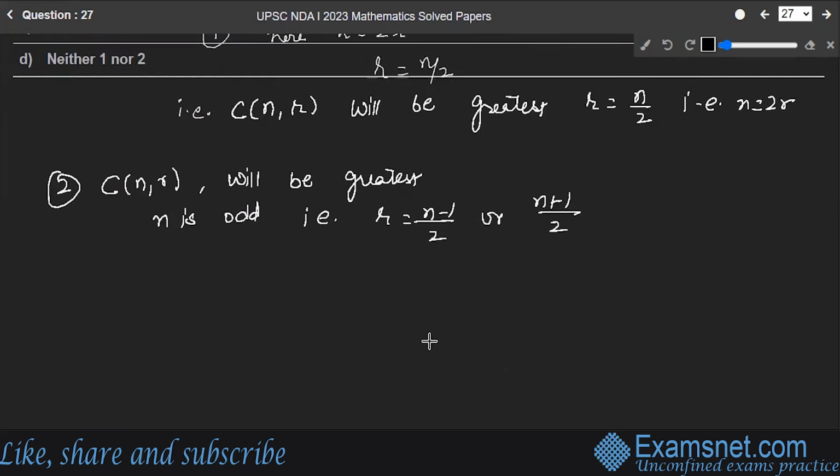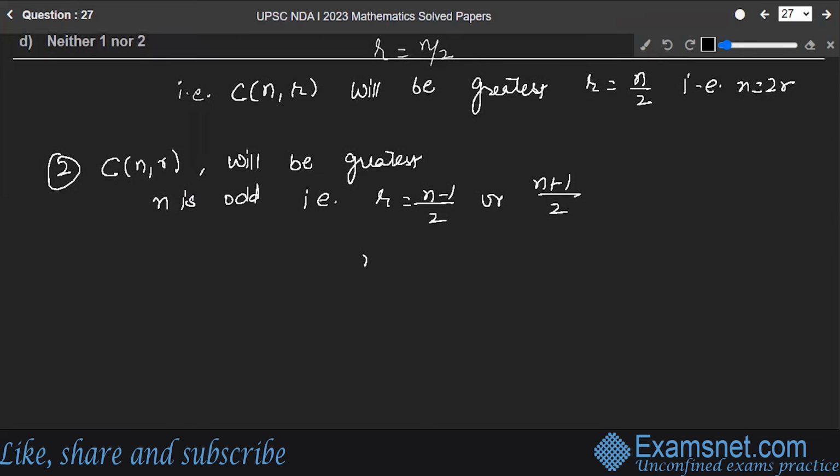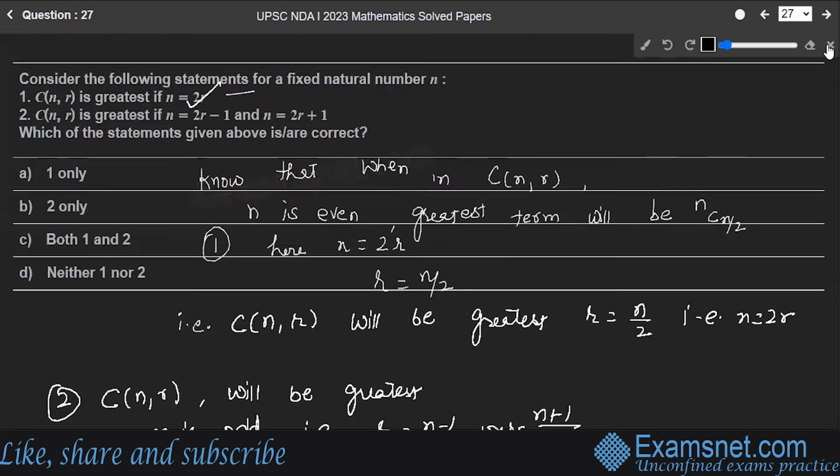That is, n is equal to 2r plus 1 or n is equal to 2r minus 1. So that means this statement is also correct. This is valid for n is even and this one is valid for n is odd, which simply means that both 1 and 2 are correct. Option C is the correct answer.